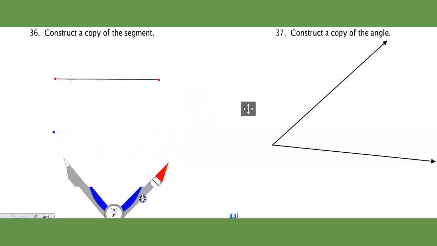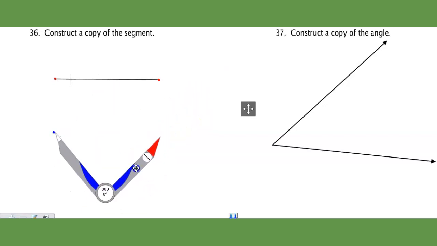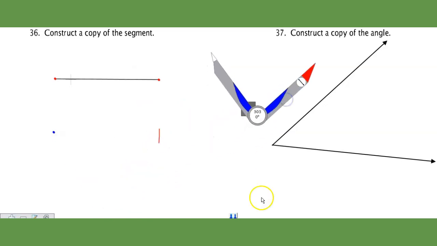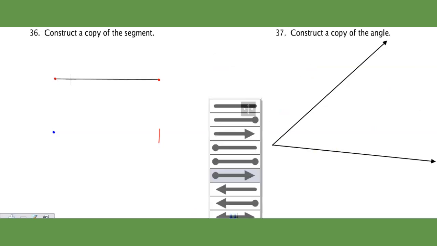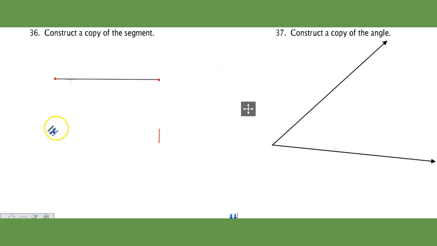And there, oops. There we go. Now I can just draw a segment. Here. There we go.